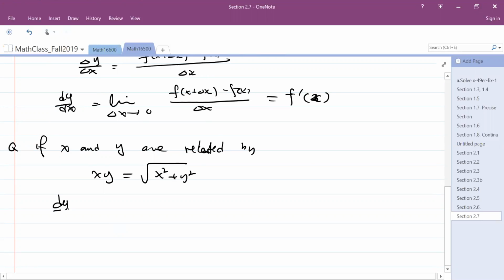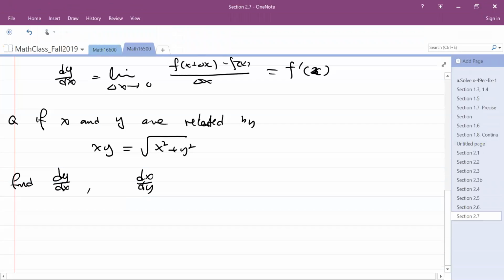So dy over dx is the rate of change in y with respect to x. dx over dy is the rate of change of x in terms of y. So when y changes, x changes. Here we view x as a function of y. For the first one, we view y as a function of x. So we can do both.